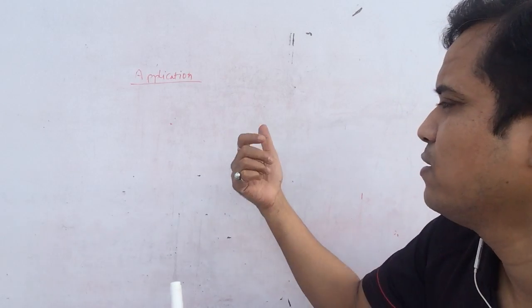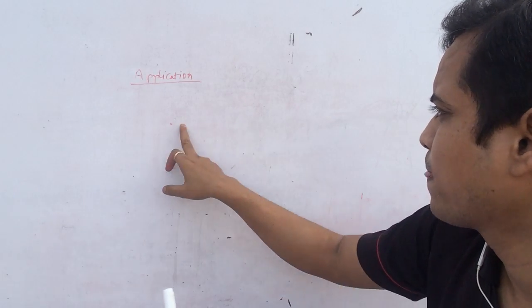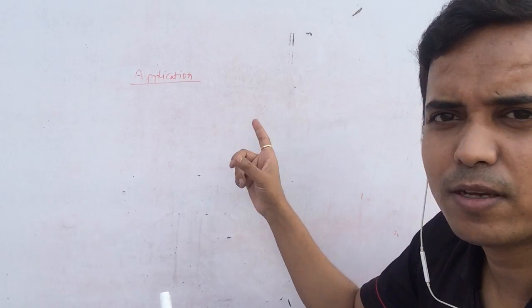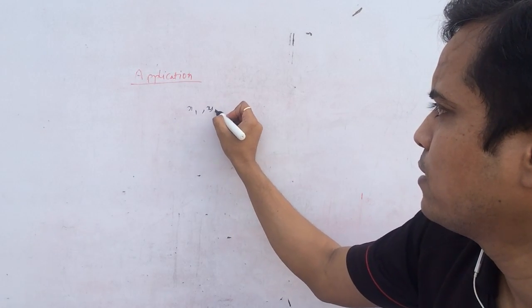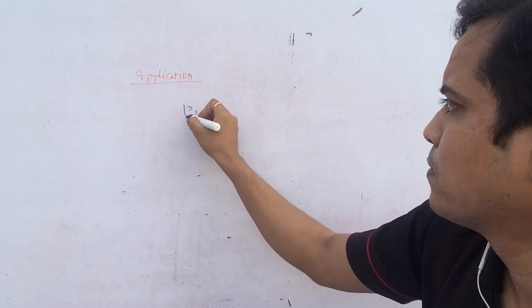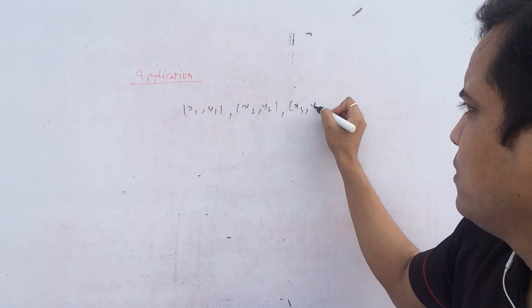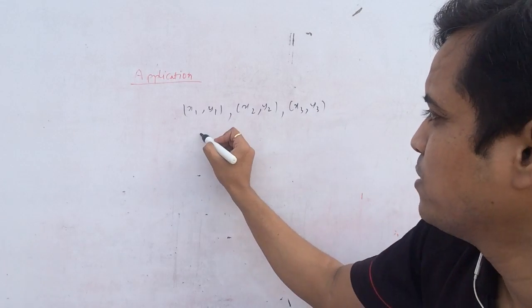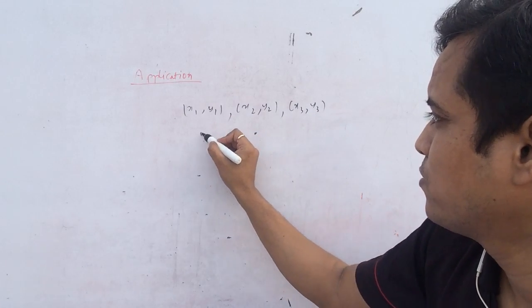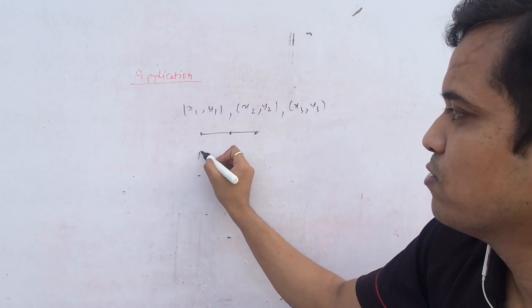So previously we would equate this to 0. Take 3 points x1 y1, x2 y2 and x3 y3, and if the determinant is 0, they are collinear.